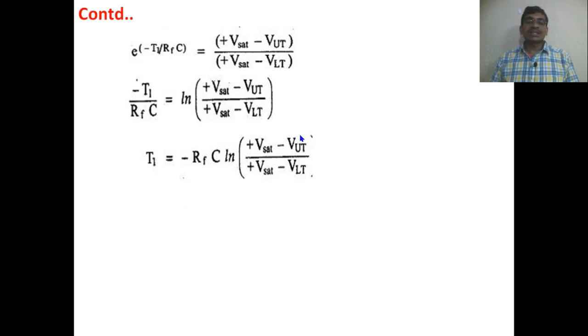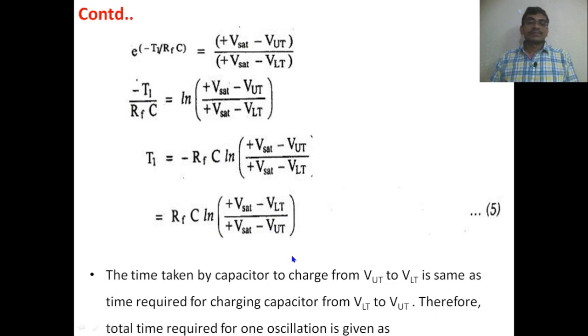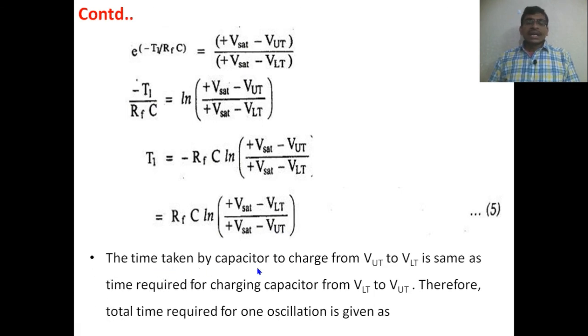It is the equation for half of the time period of the square wave, or the capacitor charging time period, which is equal to RF into C ln of plus V saturation minus VLT by plus Vsat minus VUT. The time taken by the capacitor to go from the upper threshold voltage to the lower threshold voltage is the same as the time required for charging the capacitor from VLT to VUT.